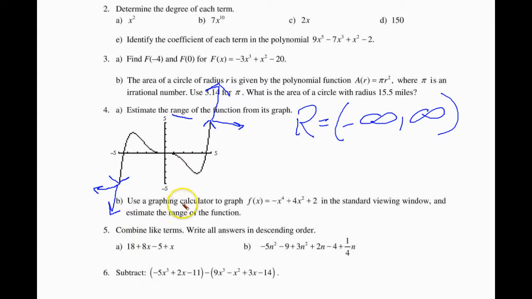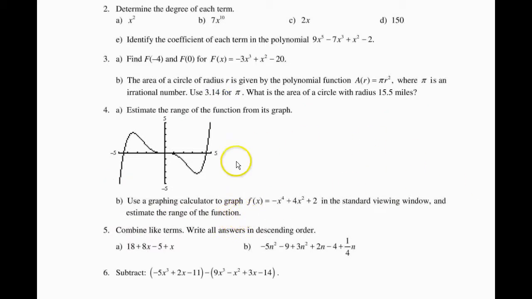It says use a graphing calculator to graph this in a standard viewing window and estimate the range of the function. Okay, I'm not sure how much we're featuring the use of a calculator in our course, but what I'll do is put that in my calculator, show you what it looks like.